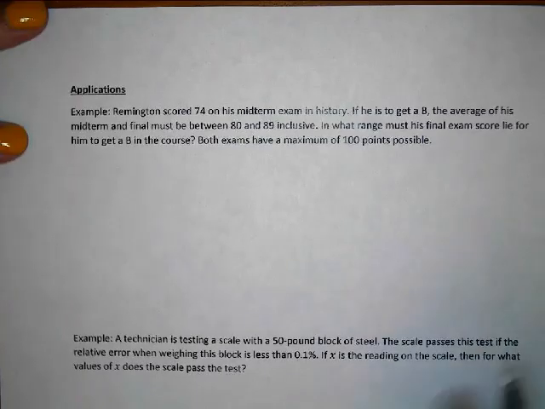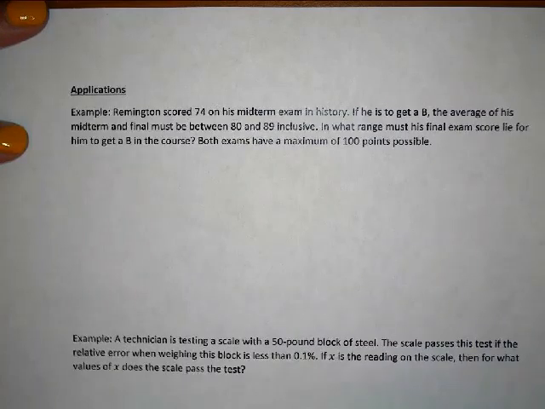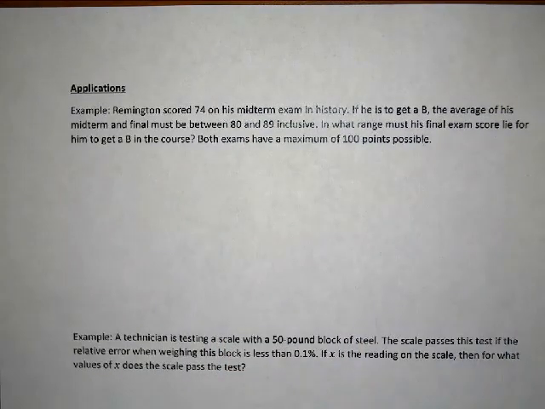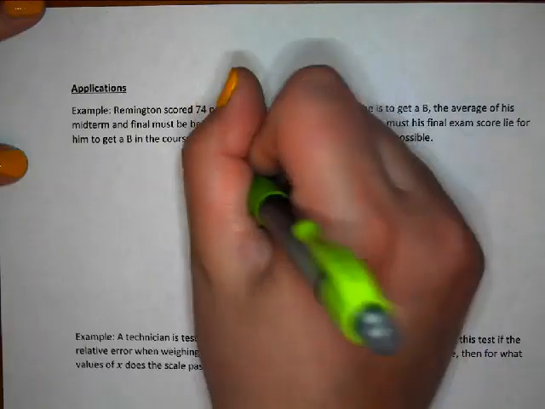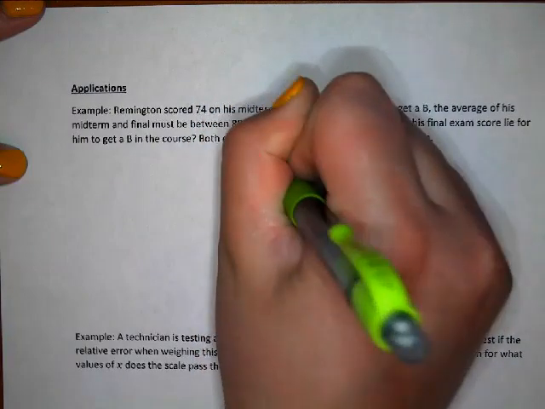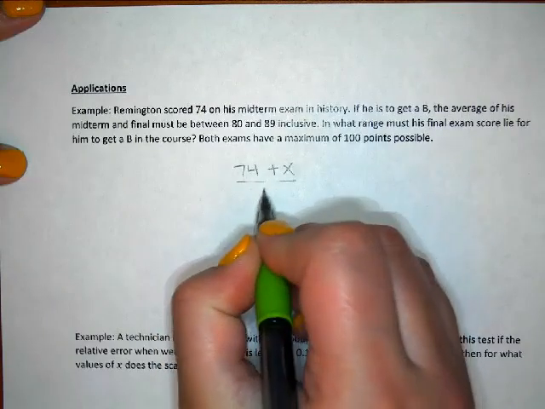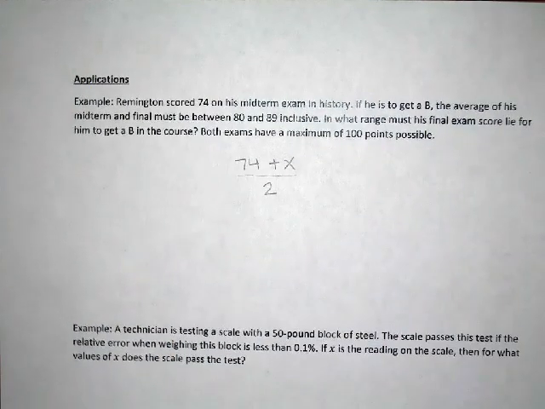Okay, so the way that we determine Remington's scores, they're saying his midterm and his final are the only two scores that are going to count. So we're going to say his midterm plus his final. If you divide that by 2, that's how you find the average score.